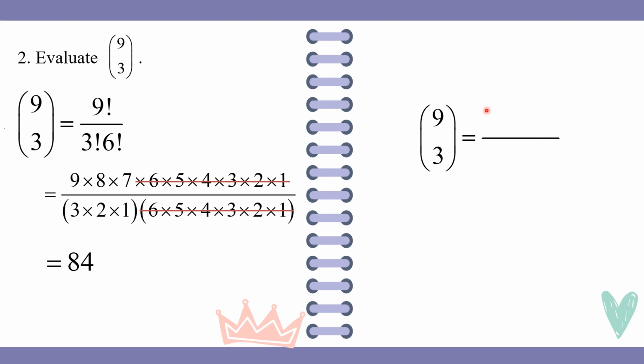So you will multiply the numerator from 9 to 7, three times, and the denominator, you will multiply upwards from 1 to 3. In other words, you will multiply the numerator from 9 downwards 3 times, and the denominator you will start from 1 upwards 3 times, and that will give you 84.